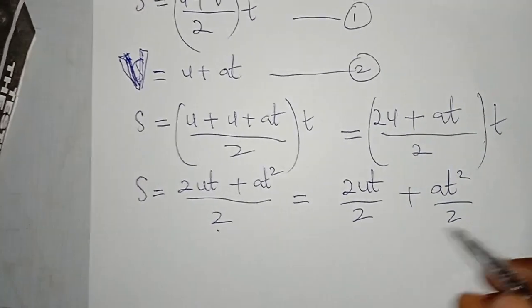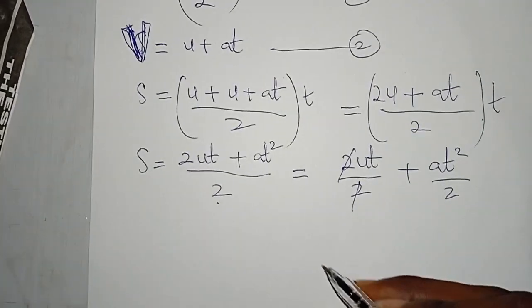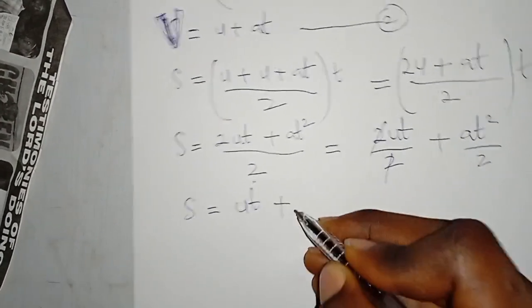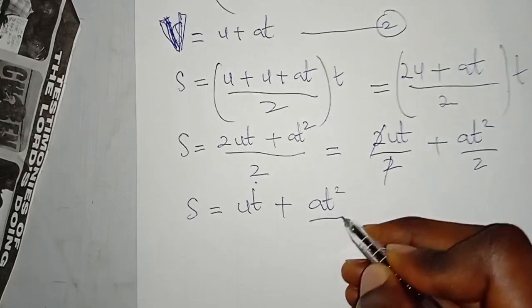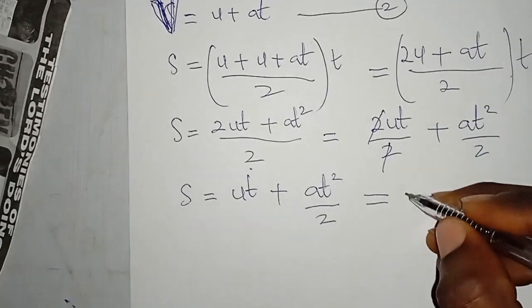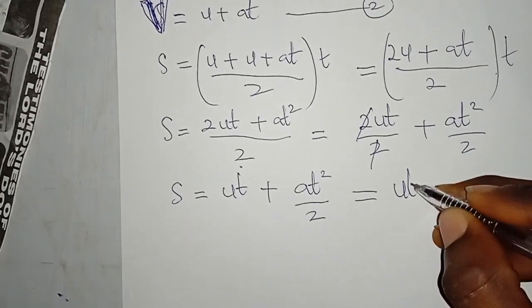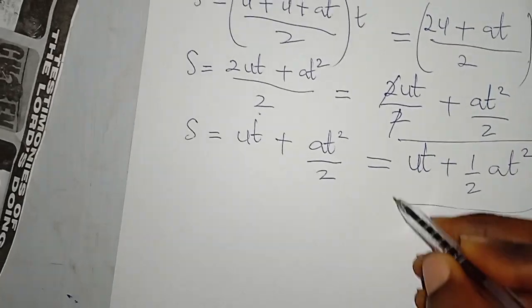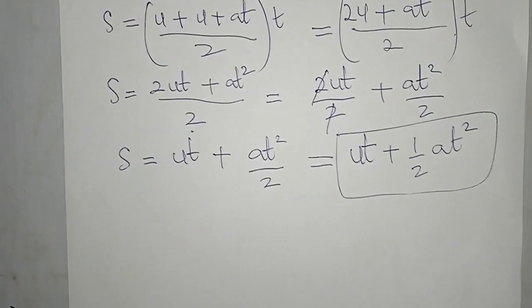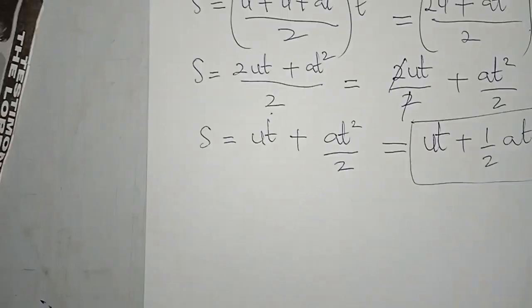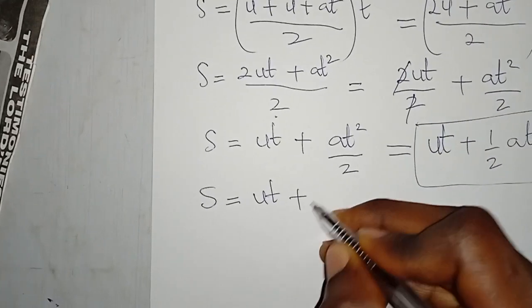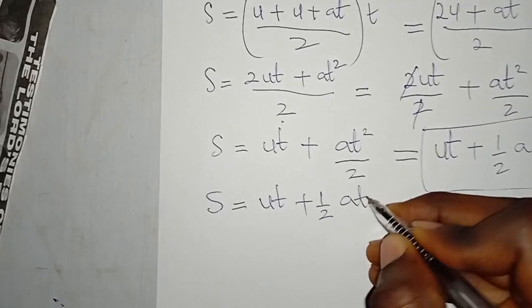LCM is 2, so it's the same thing. This cancels this, so that you now have s is equal to ut plus at squared over 2. The physicists now say that this is the same as plus half at squared, and mathematically it is correct. If you carry this and multiply, it gives you the same thing. So that's how we got that s is equal to ut plus half at squared.